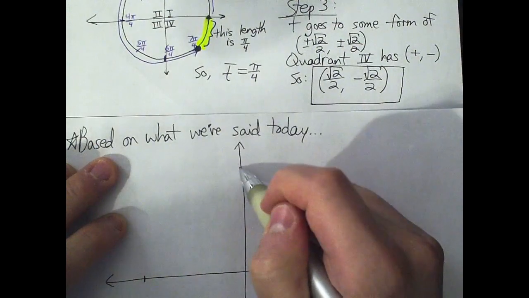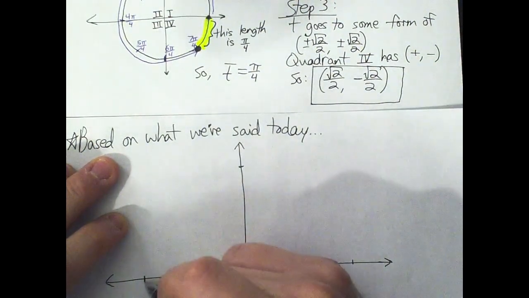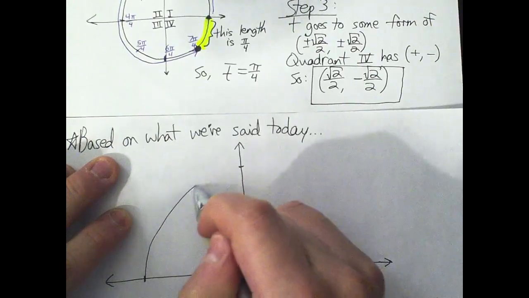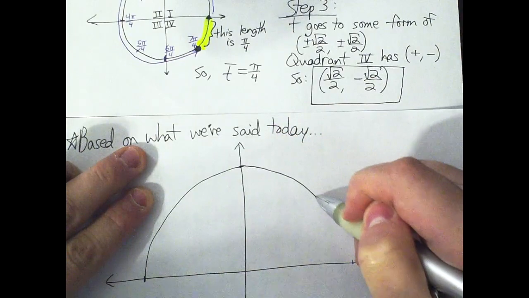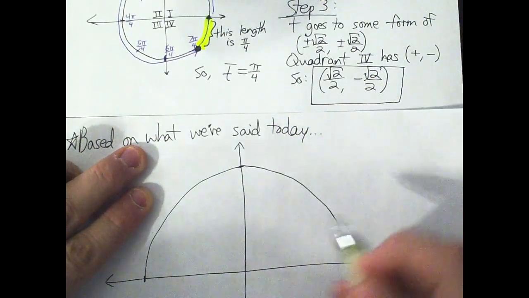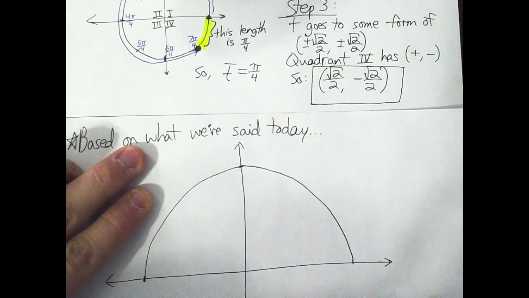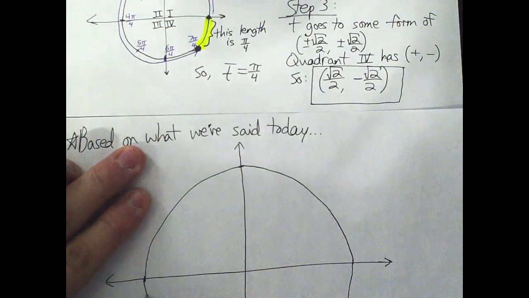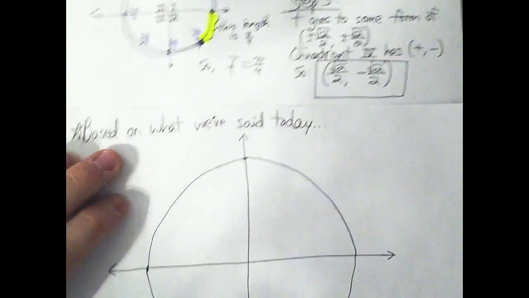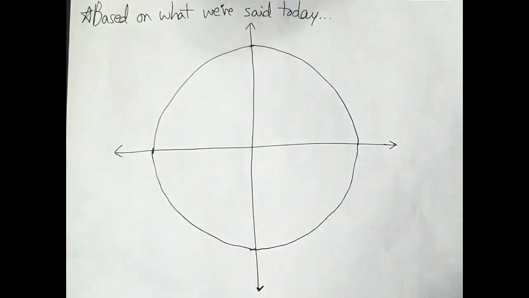Can I make a nice circle this time? Yeah, not bad. Not bad. Okay. We can work with this.